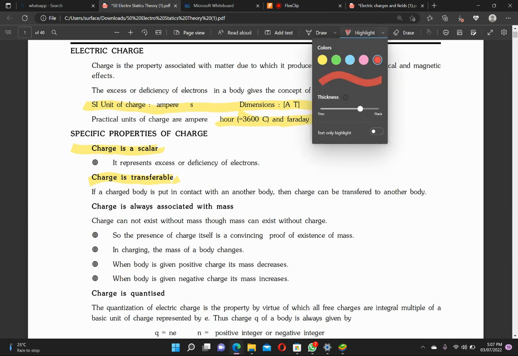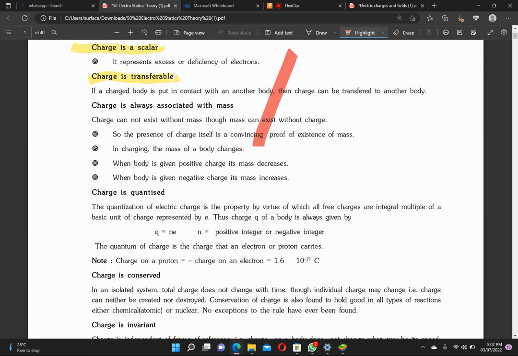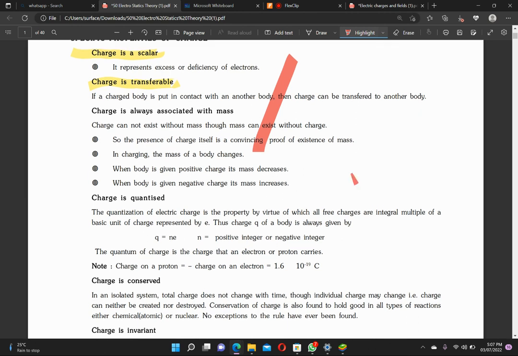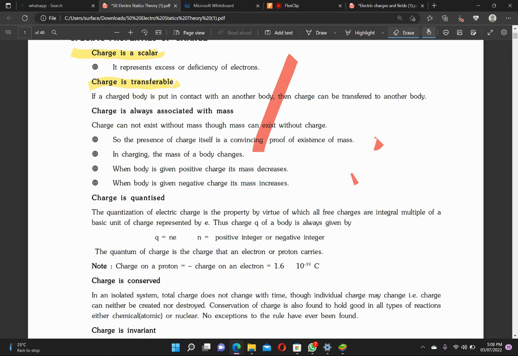Let me just increase the thickness, maybe. It doesn't want to work. Okay, so now I will erase it.